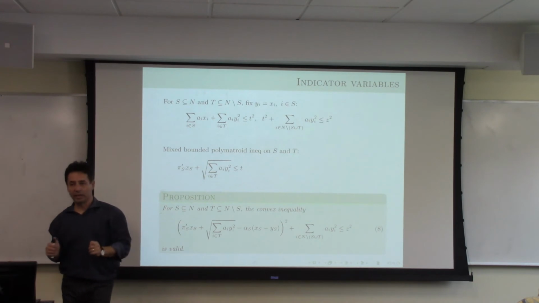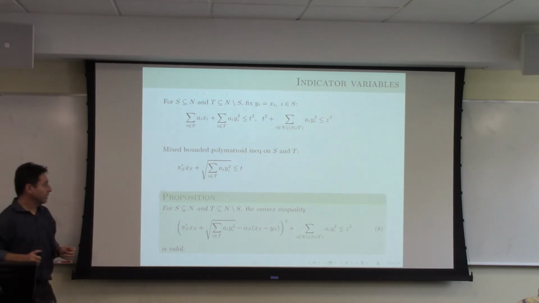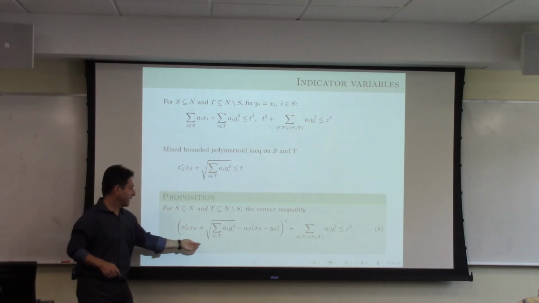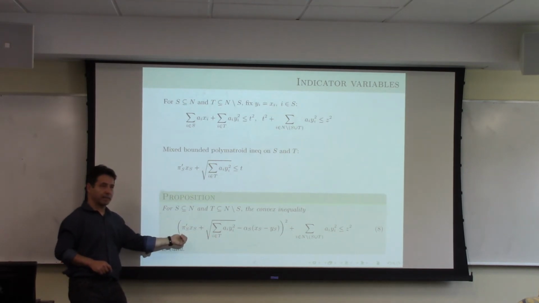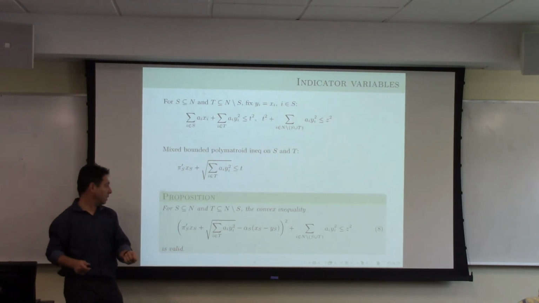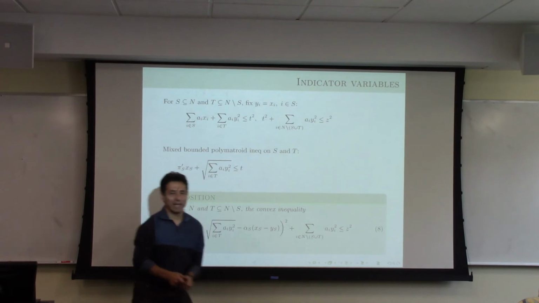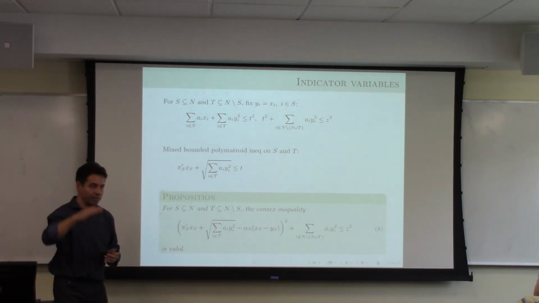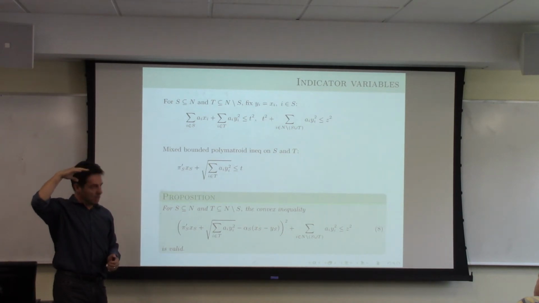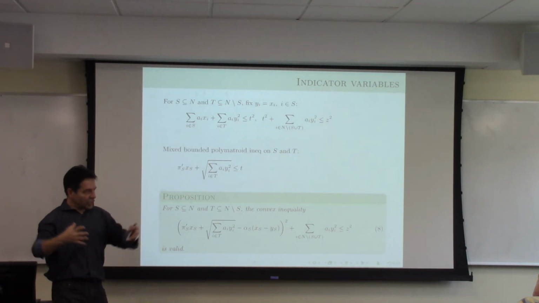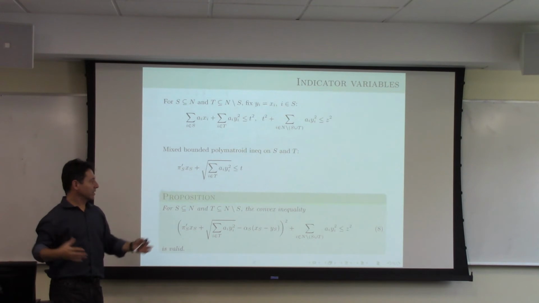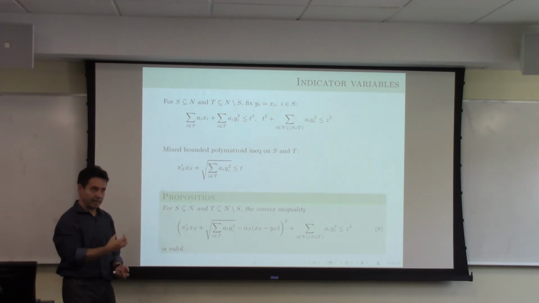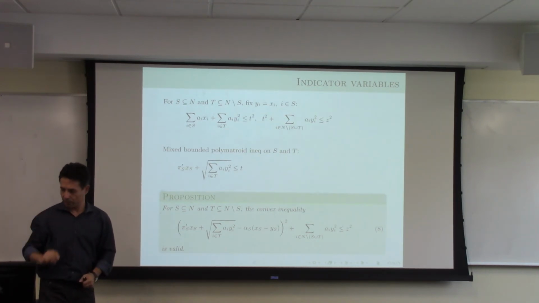That is the most general one. If you take T equal to the empty set, you get the second class. If you take S equal to n, you get the original linear inequalities. So we have this hierarchy of inequalities, getting richer, nonlinear, and subsuming the previous class. Okay? So, 3 classes of inequalities.